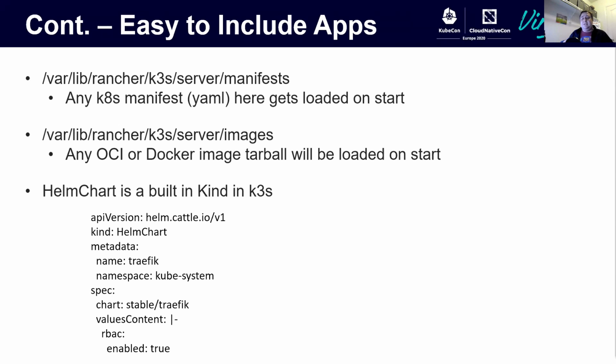The last thing is we have a built-in type in K3s for a Helm chart. We have a built-in Helm controller. It's a separate project from Rancher. It's a very simple Helm controller, very similar to the one from Weaveworks, which is actually more popular within the community than ours. But this one gets embedded into K3s.